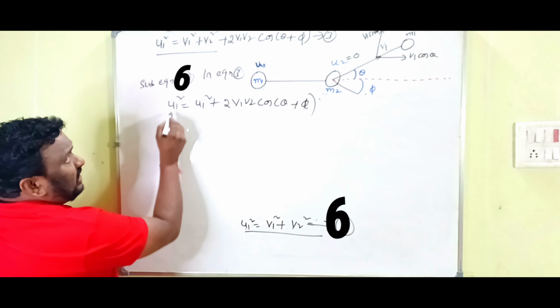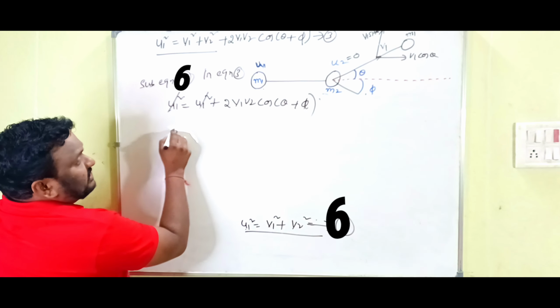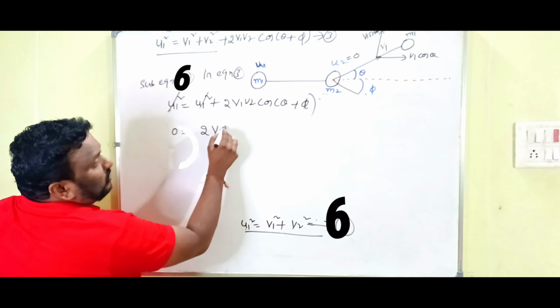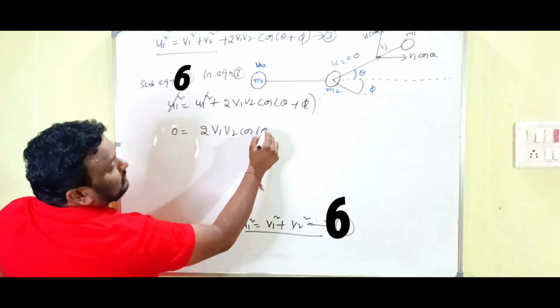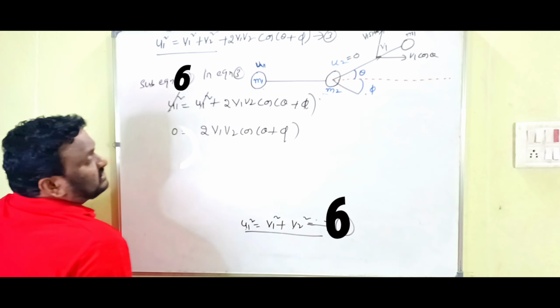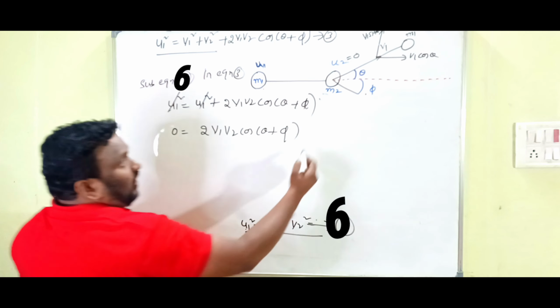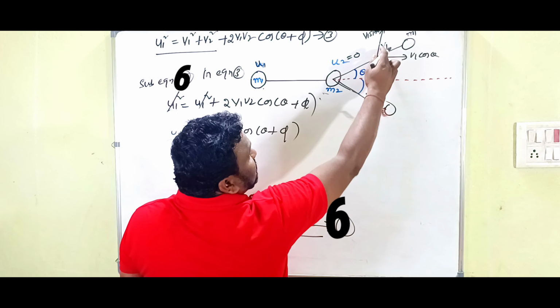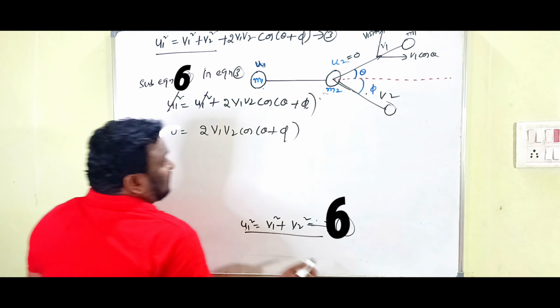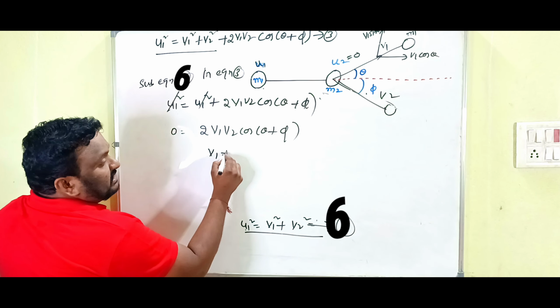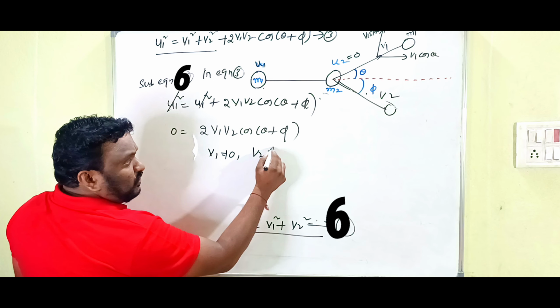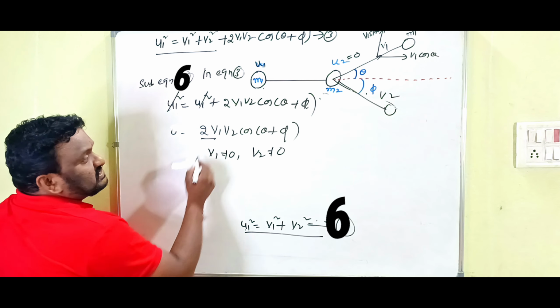So already these two are cancelled. Then what you get? 0 equals 2v1 v2 cos(θ+φ). That's why, children, after the collision both are moving with velocities v1 and v2. In this case v1 is not equal to 0 and v2 is also not equal to 0, and 2 is a constant.